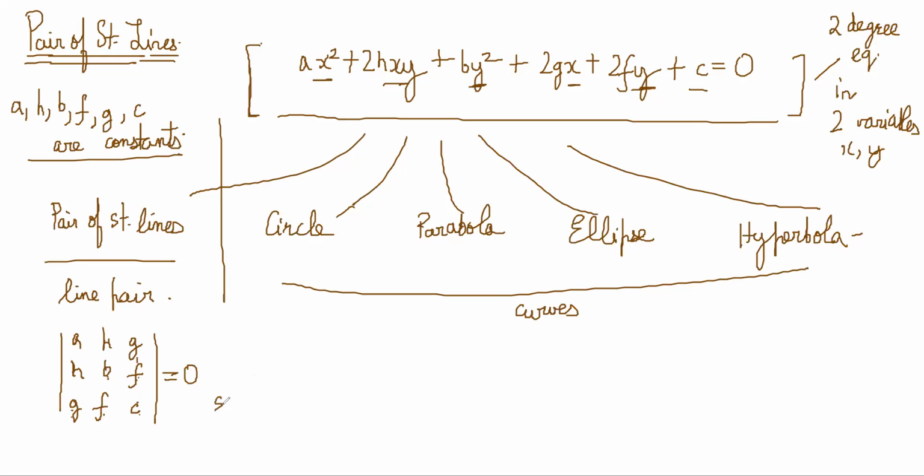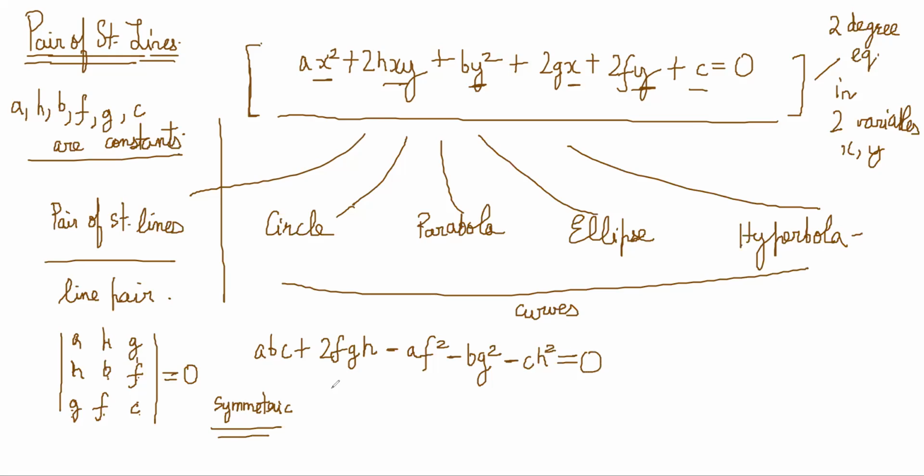It's a nice symmetric discriminant which can be expanded. If you expand it by Sarrus's rule, you will get ABC plus 2FGH minus AF square minus BG square minus CH square is equal to 0.